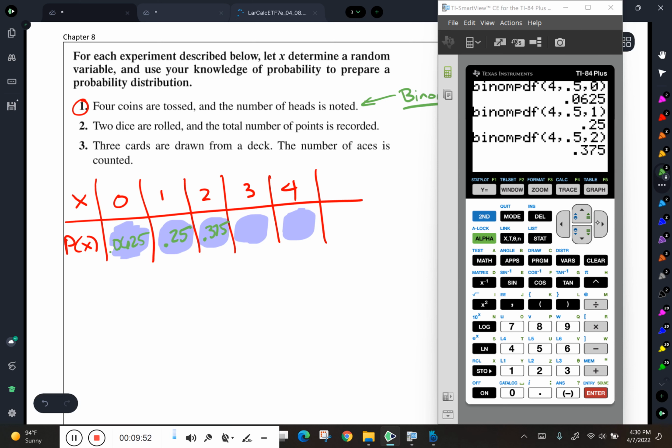And then I'll do it again because I want it to have 3 heads, 0.25. And then I'll do it again because I want it to have all 4 heads. And I get 0.0625. And there's my probability distribution.